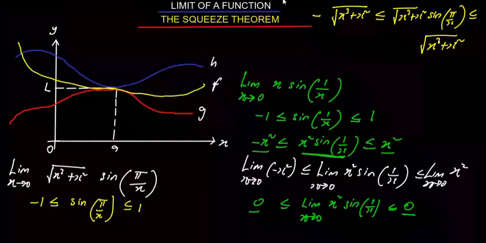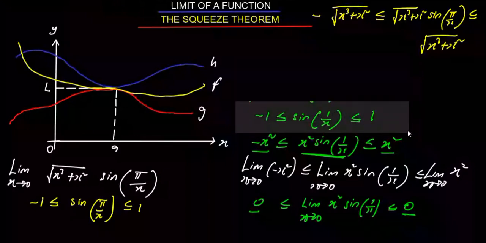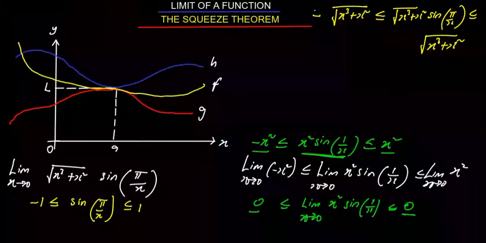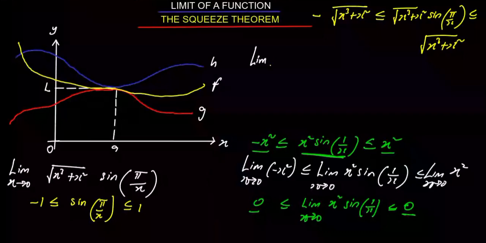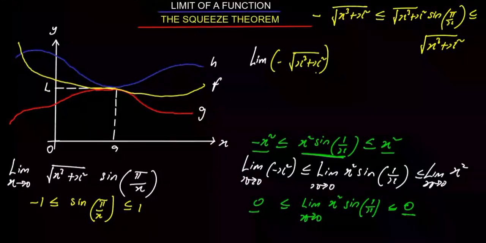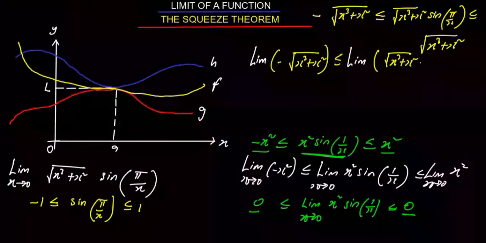Now, from here, what do we do next? We apply the limits and let's see what we are going to get. Let's apply the limit. That is, I have the limit, I'm applying it to what? Negative square root of x cubed plus x squared less than or equal to the limit of square root of x cubed plus x squared sine pi over x, then less than or equal to the limit.